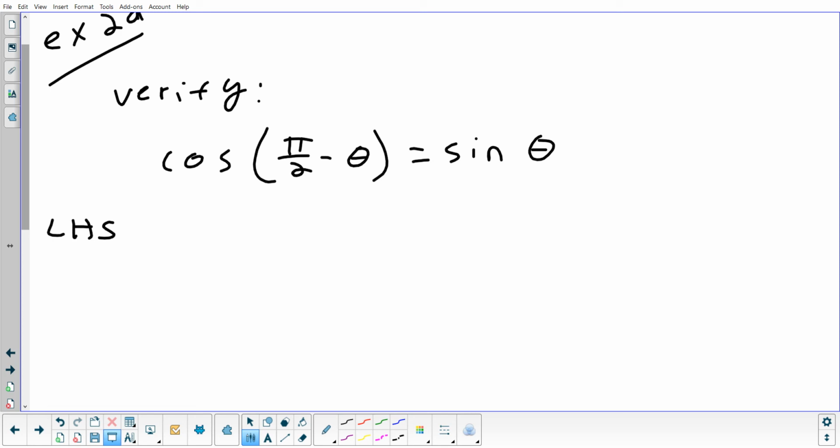And let's look at the left-hand side. What trig function do you see on the left-hand side? Cosine. And what operation do you see inside the parentheses?